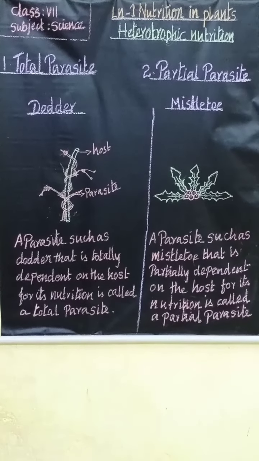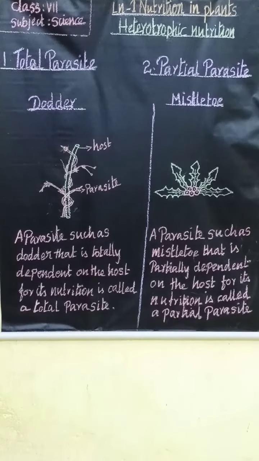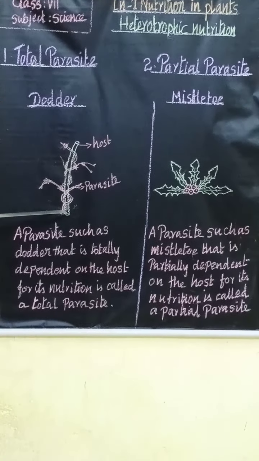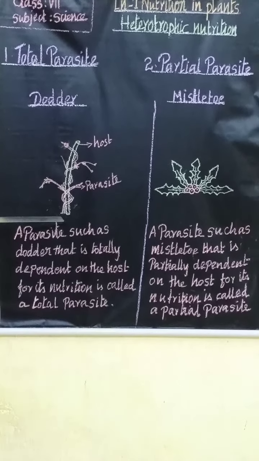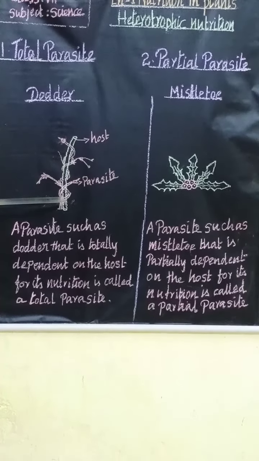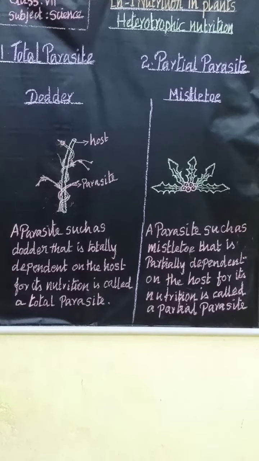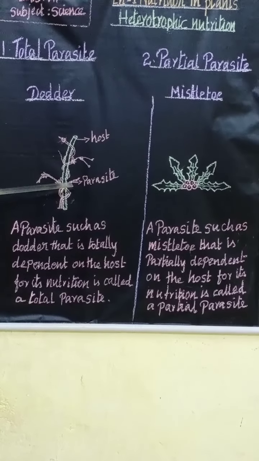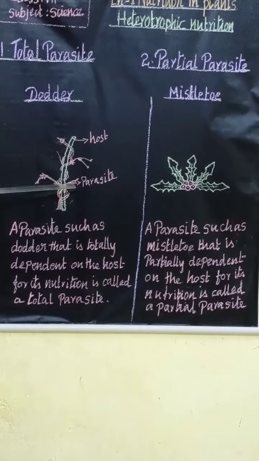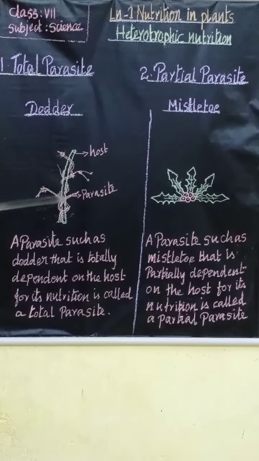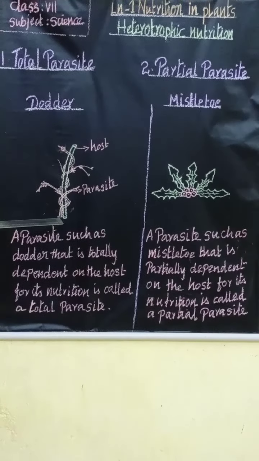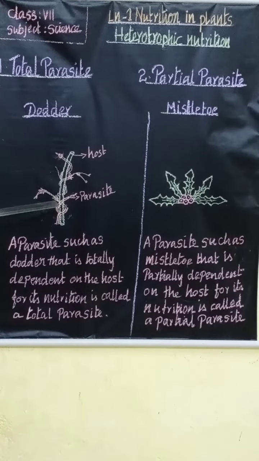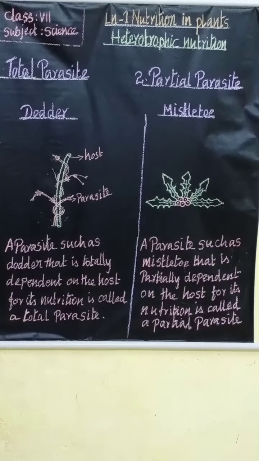Dodder is classified as a parasite because it absorbs nutrients from its host. It has no root. When it matures, automatically it gets food.